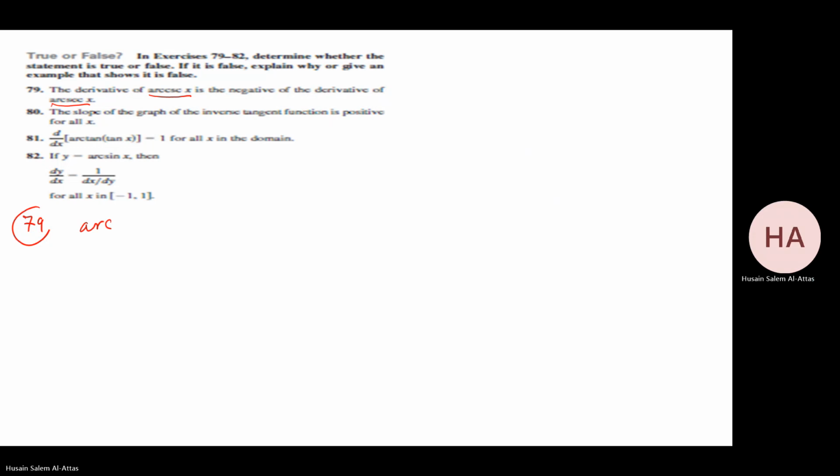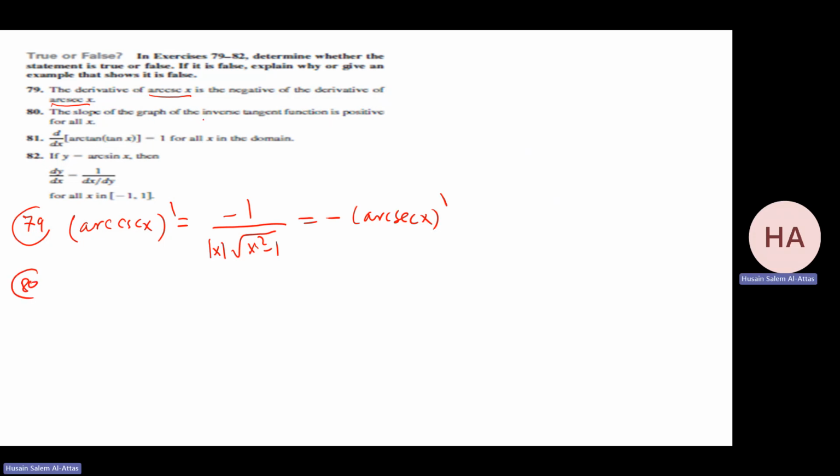Arc cosecant x derivative is minus 1 over absolute value of x square root of x squared minus 1. It's the x squared minus 1, which is minus the arc secant derivative. 79.